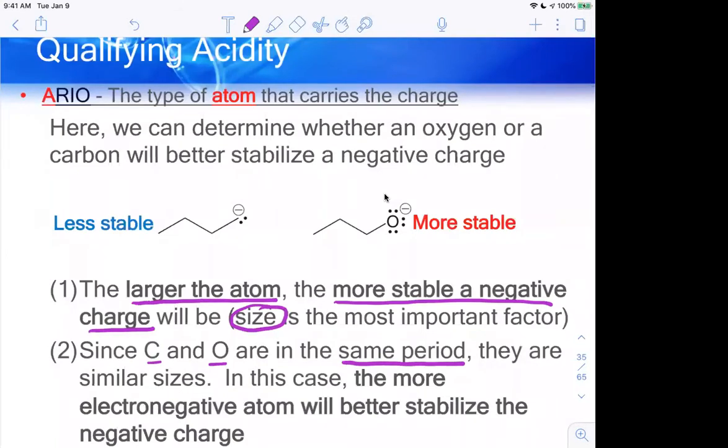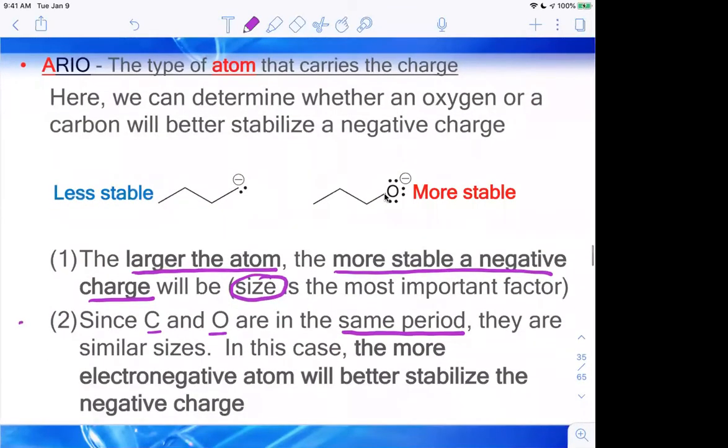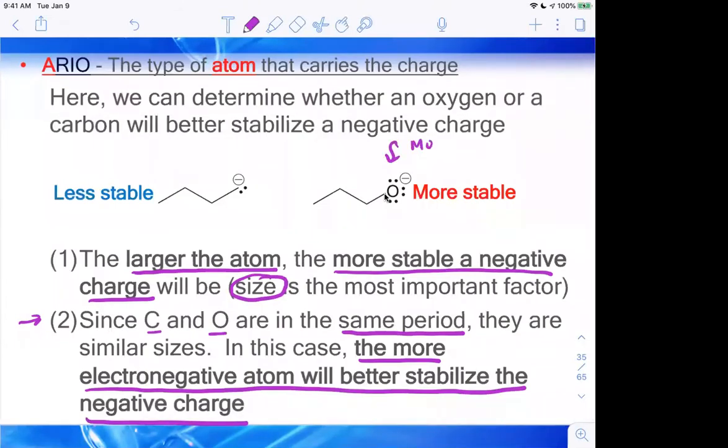They're in period 2, so they're similar sizes. If I have similar sizes, I go to principle 2, which is that the more electronegative atom will better stabilize the negative charge. Oxygen is more electronegative than carbon, so this is going to be more stable.